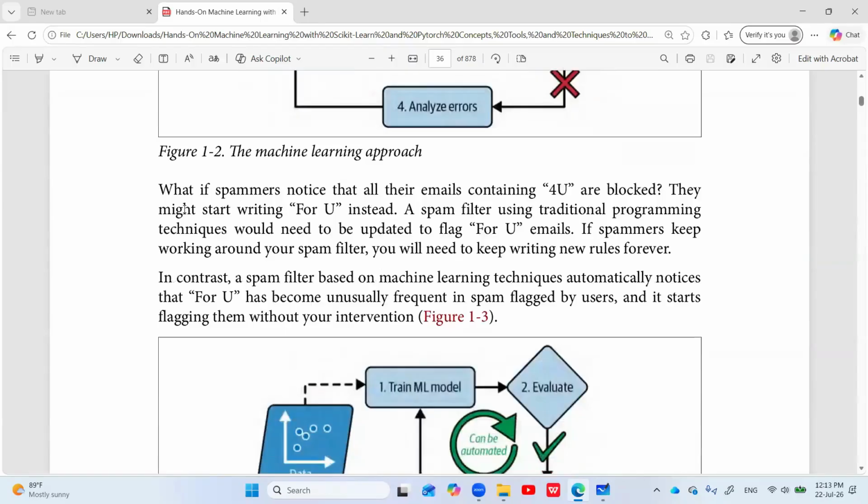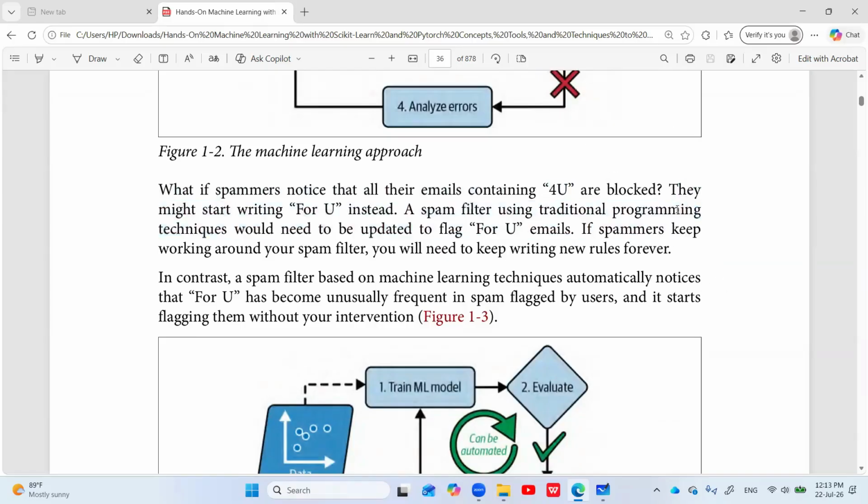Okay, what if spammers notice that all their emails containing "for you" are blocked? Means now in our rule, this "for you", according to the program, will be blocked.